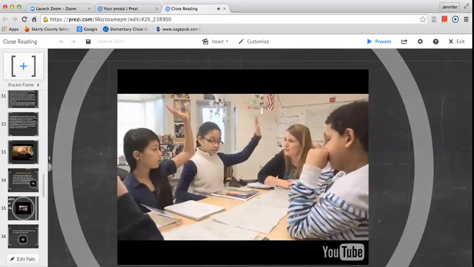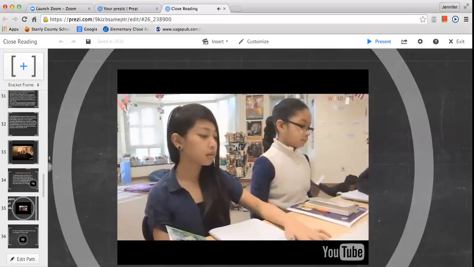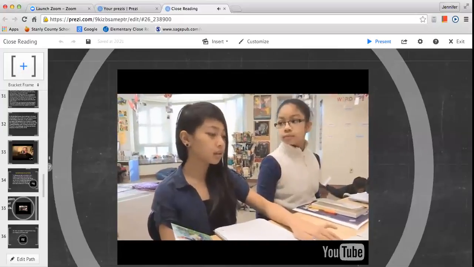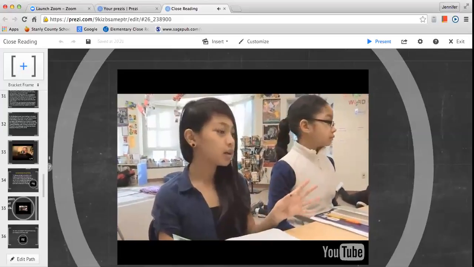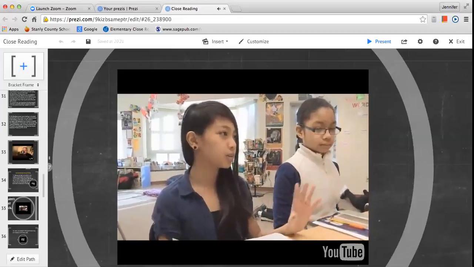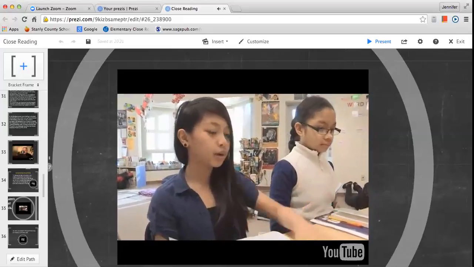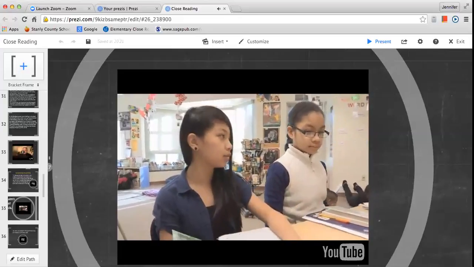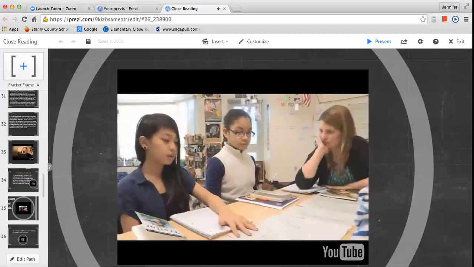One of the things that went well today in a close reading small group was when I pulled vocabulary words for the students and got them to discuss and go into the text and really think about how the words identified with the character that they're reading about, Benedict Arnold.